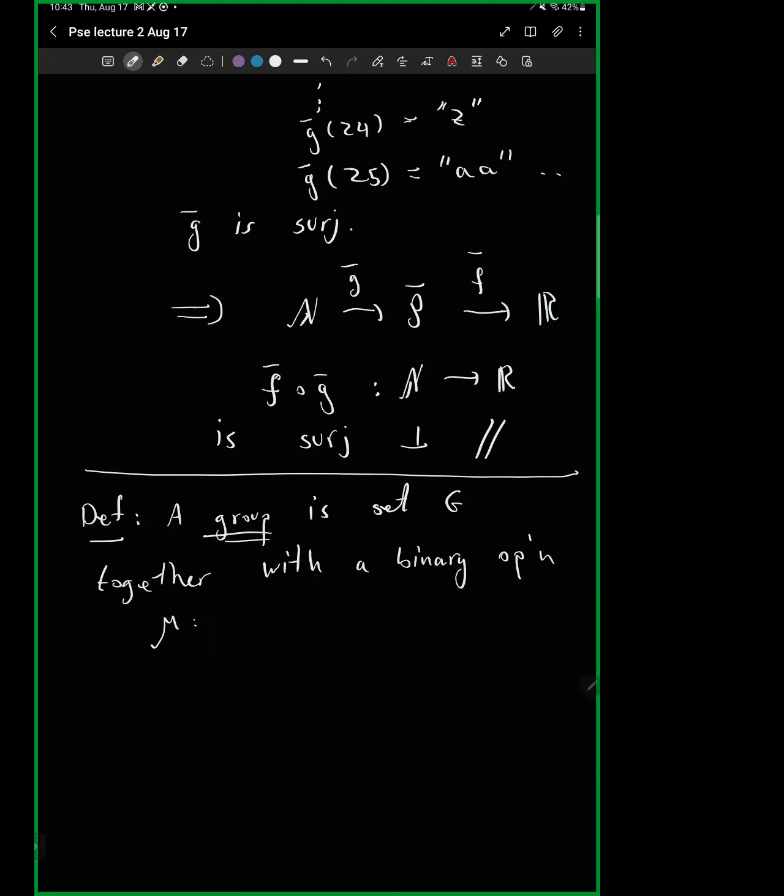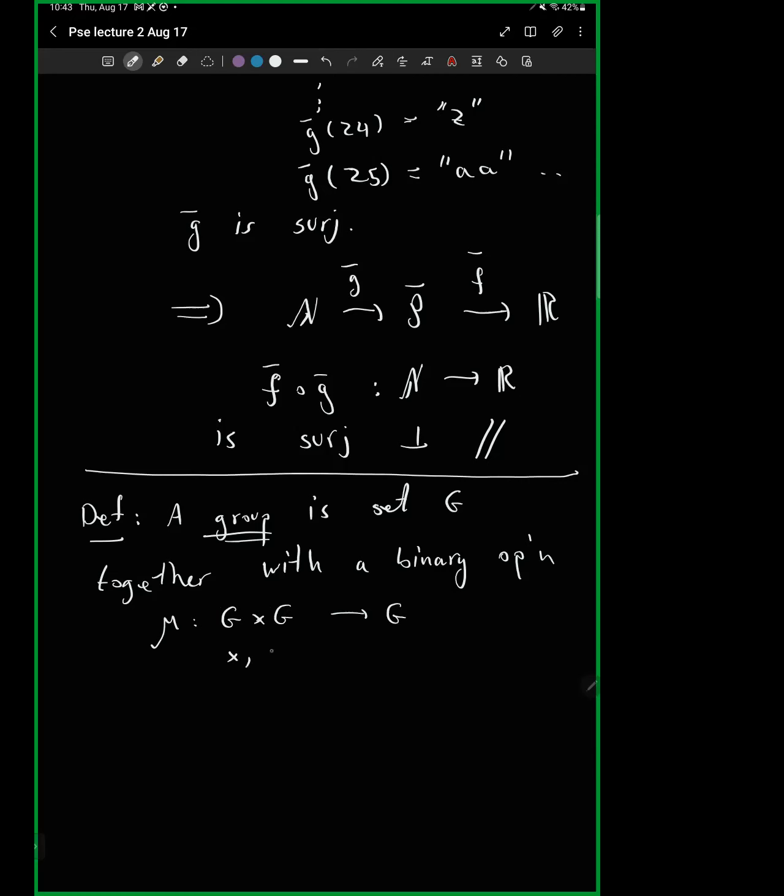Binary operation simply means a function from the Cartesian product of G with itself to G, and you write it as you take a pair.